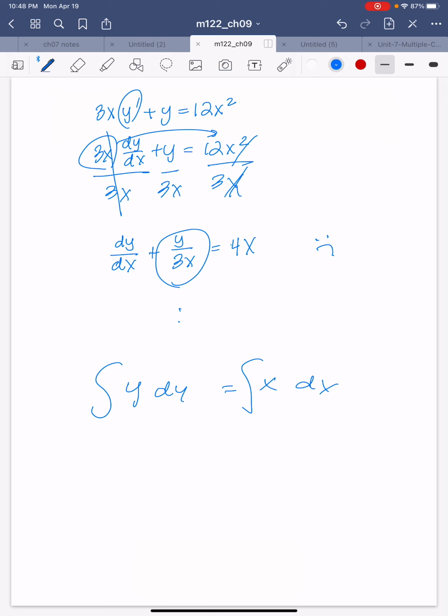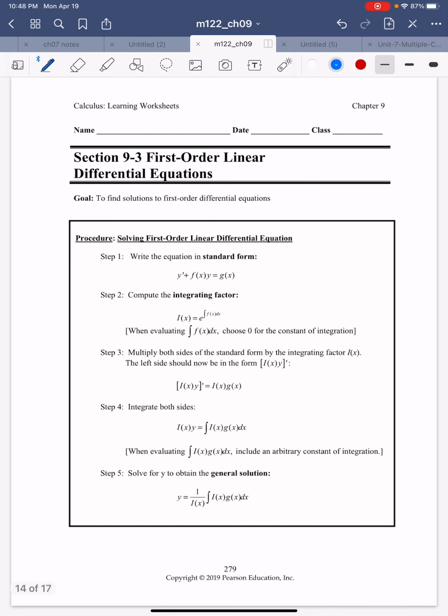So the alternate method is called using the integrating factor. So I'm going to note to myself, this method is used when we cannot separate the variables.